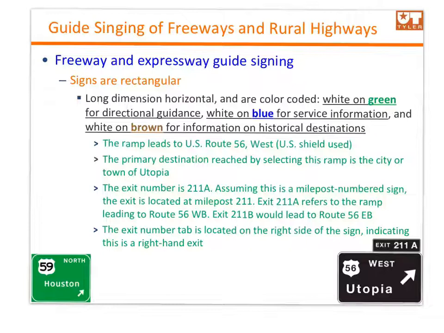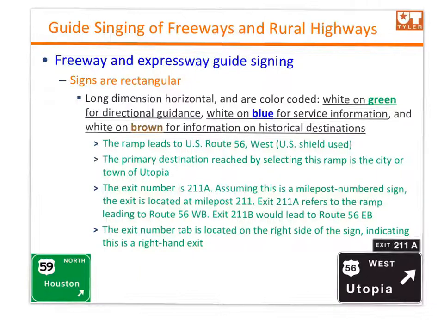the US shield used. The primary destination is also going to be reached by selecting this ramp, which is the city of Utopia. As you can tell, the exit number is also shown, which is 211A, assuming that this is the milepost number sign. The exit is actually located at milepost 211.